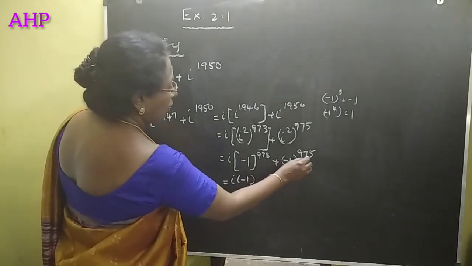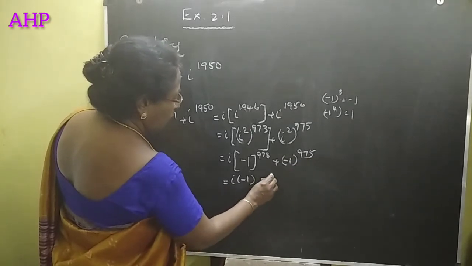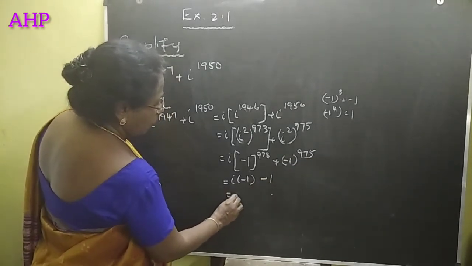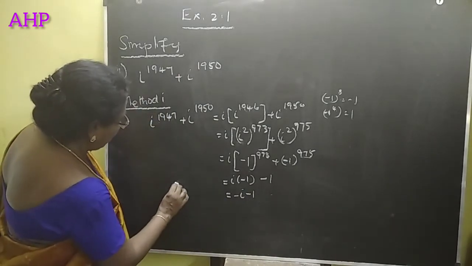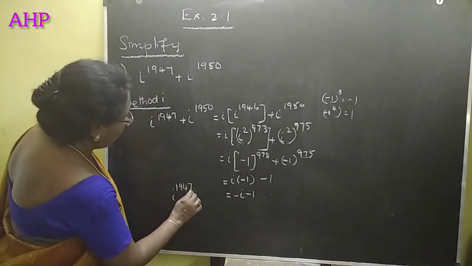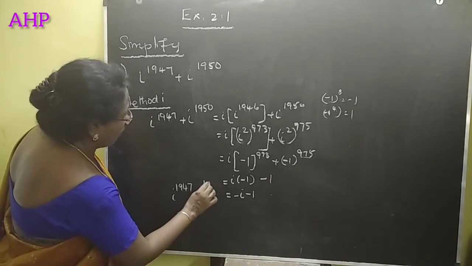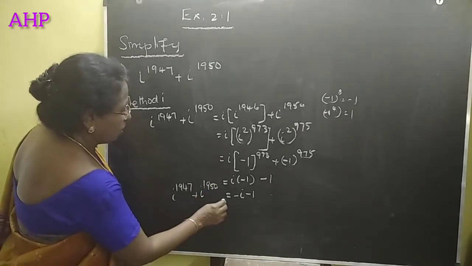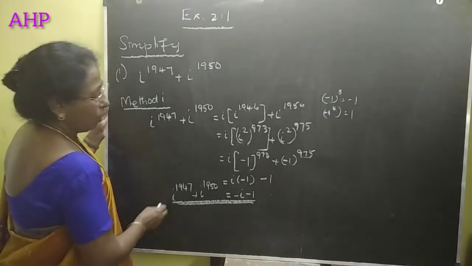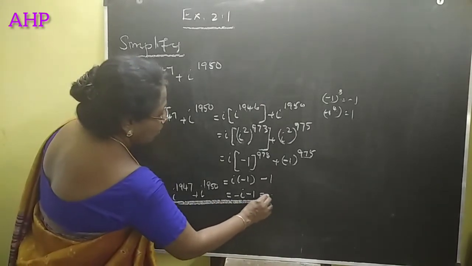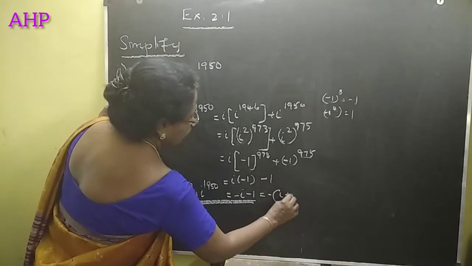This is also an odd number, so this also is going to be minus 1. So your answer is minus i minus 1. Therefore, i power 1947 plus i power 1950 is equal to minus i minus 1, which can be rewritten as minus of i plus 1.